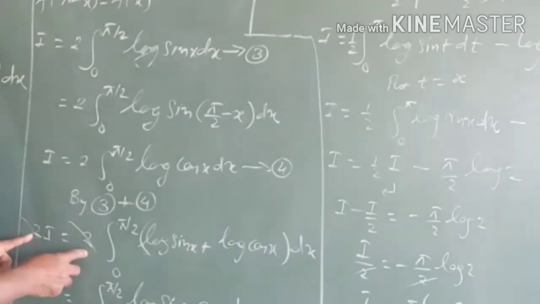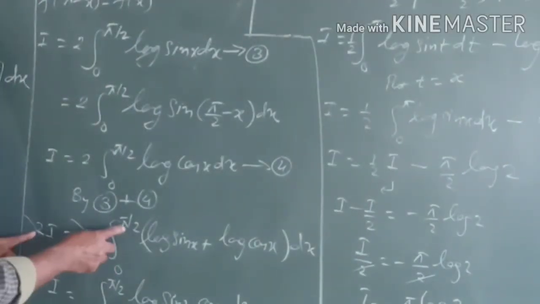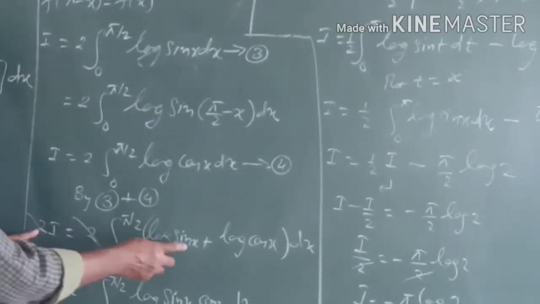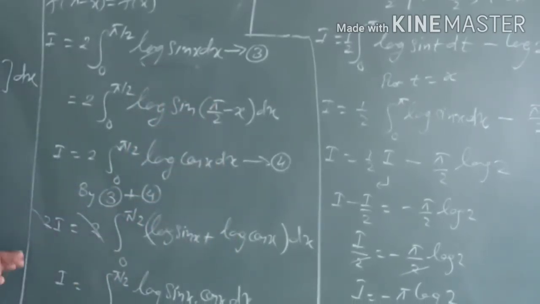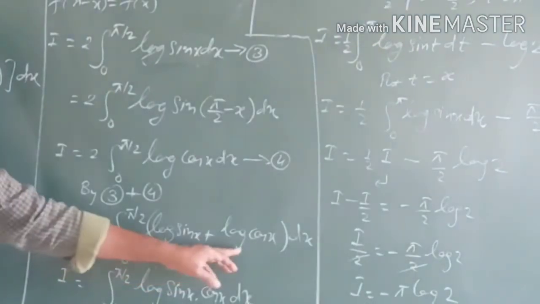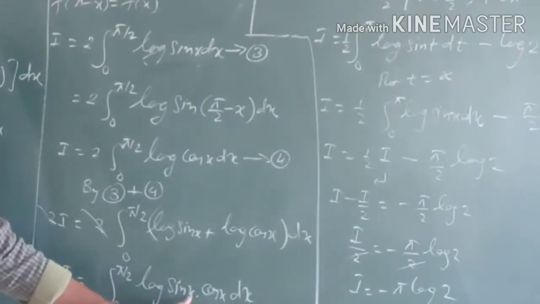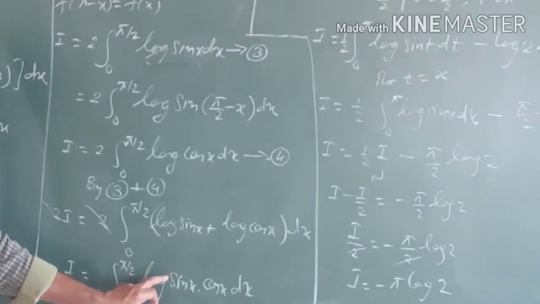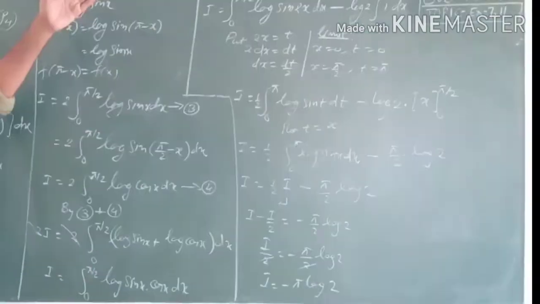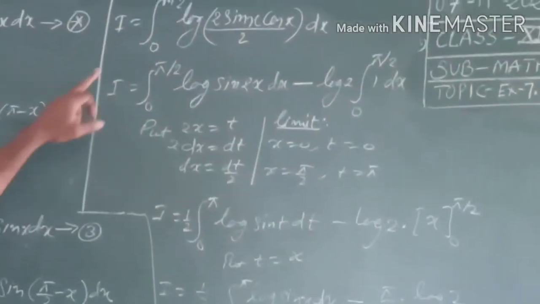Here 2 is common outside. The integral from 0 to pi by 2 of log sin x plus log cos x, and the 2s cancel out. Once again by logarithm rule, it will be log of sin x times cos x. And after that, multiply by 2 and divide by 2, from 0 to pi by 2.